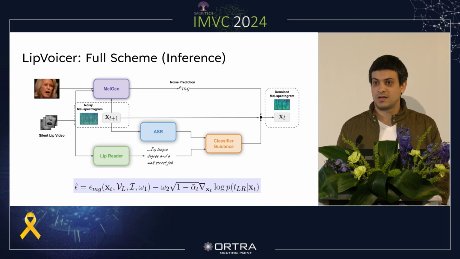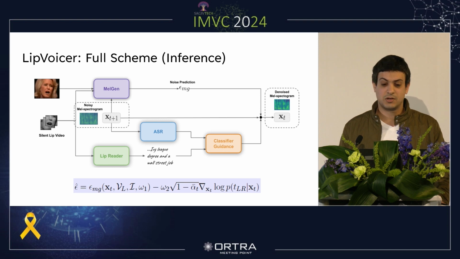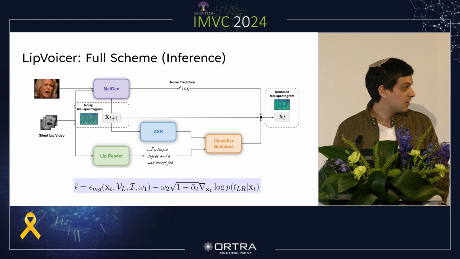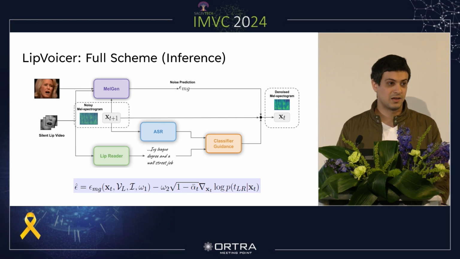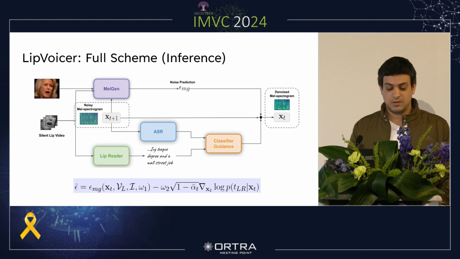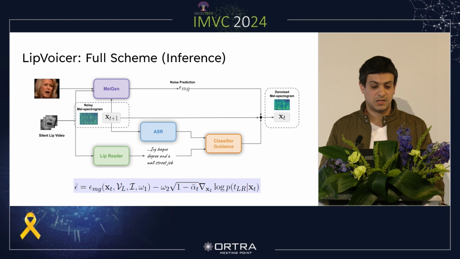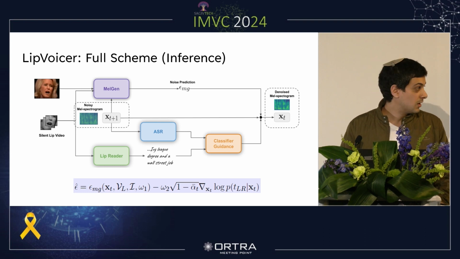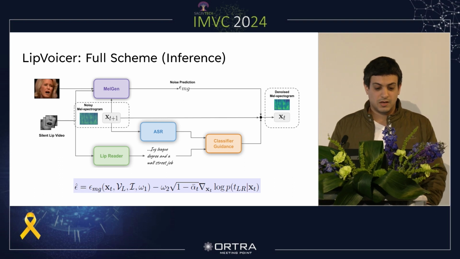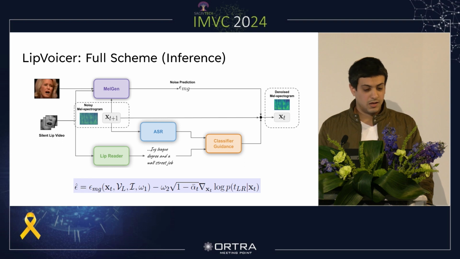But the question now is how to make sure that the generated speech will represent the words given by the transcription. A nice way to do that is using classifier guidance on top of the diffusion model. So our classifier is going to be an ASR.